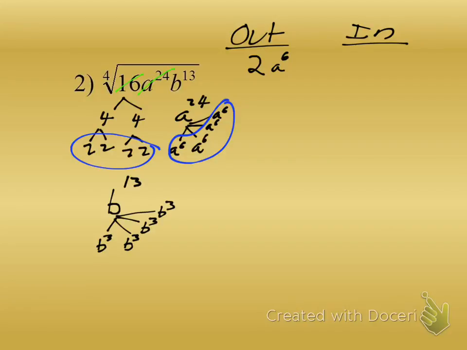How many b's is that total? 4, 8, 12. It's 12 of them. So how many am I missing from 13? 1.